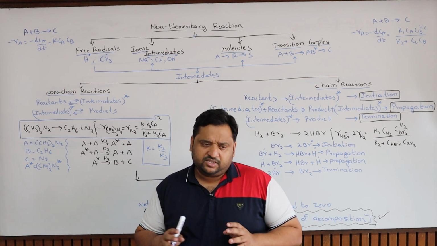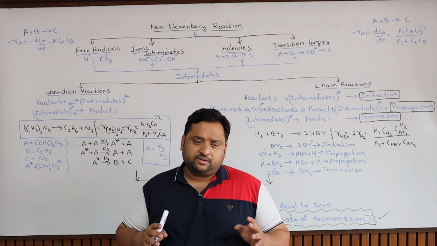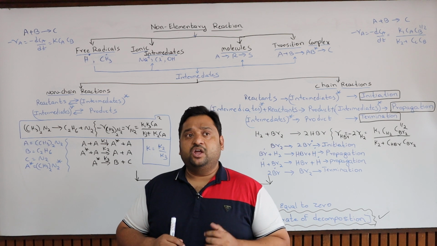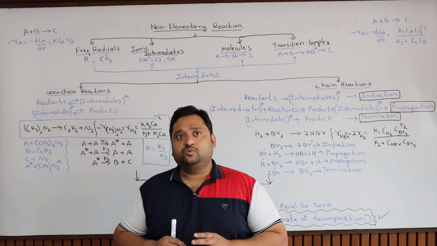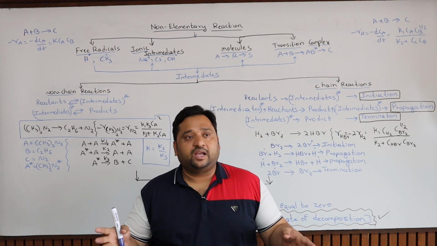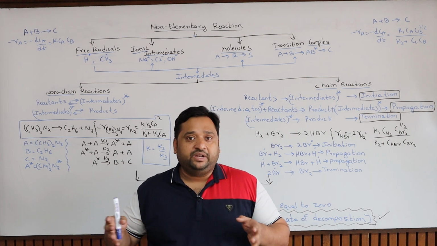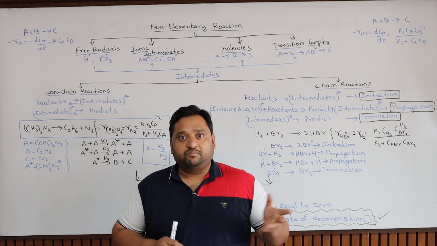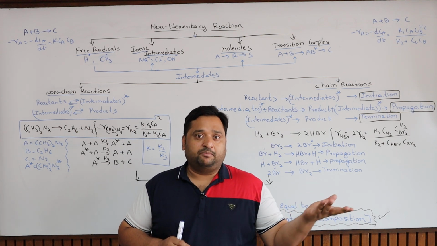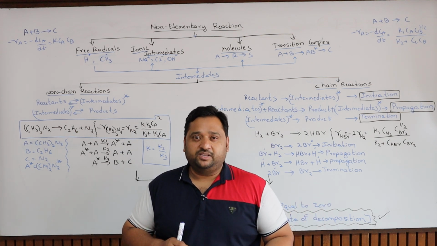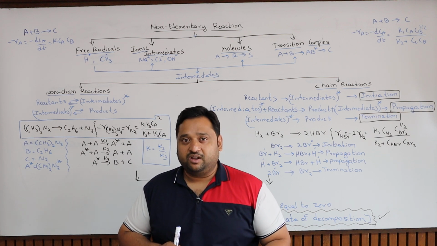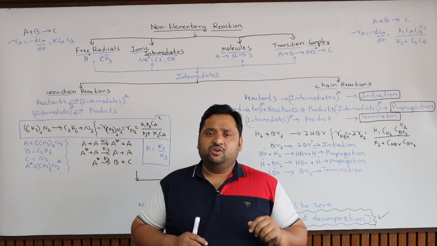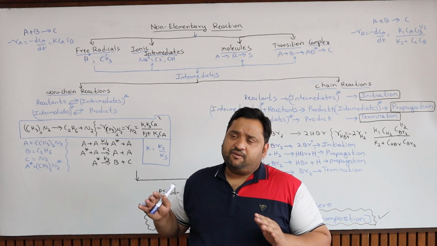So, let us discuss how different people dealt with the non-elementary reactions. Today our objective is to know about the non-elementary reactions and how to get the rate expression, because it is not simple. -rA = -dCA/dt = kCA is first order, kCA square is second order, k is zero order.